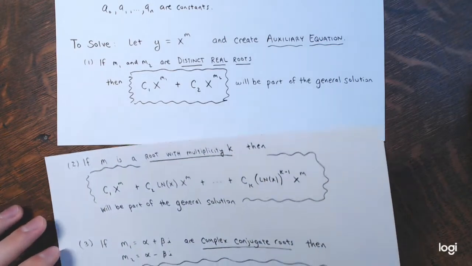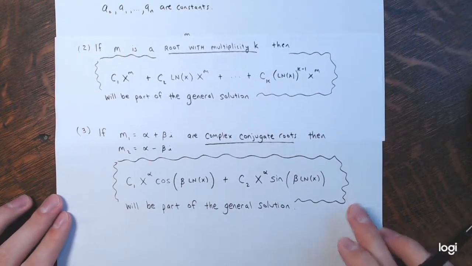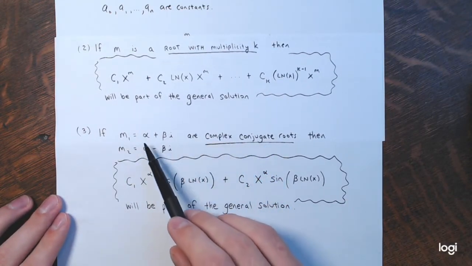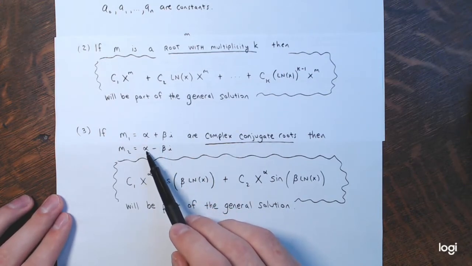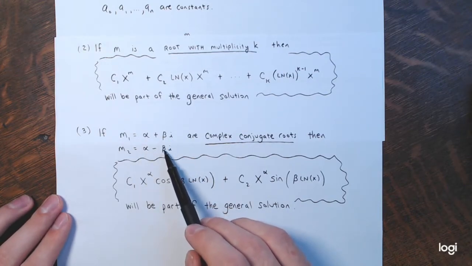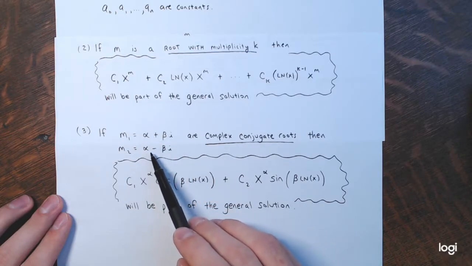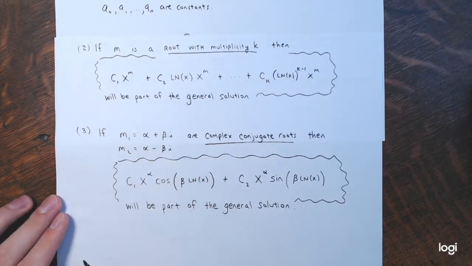And then the last scenario is if you have any roots that are complex conjugates, with a real part, say, called alpha, and an imaginary part beta, so alpha plus beta i, alpha minus beta i, suppose those are complex conjugate roots of the auxiliary equation.